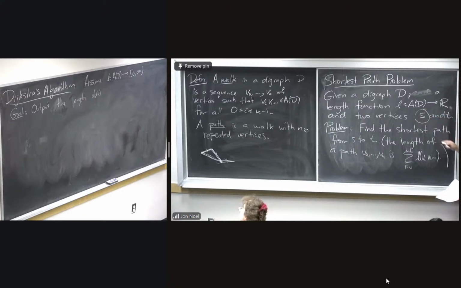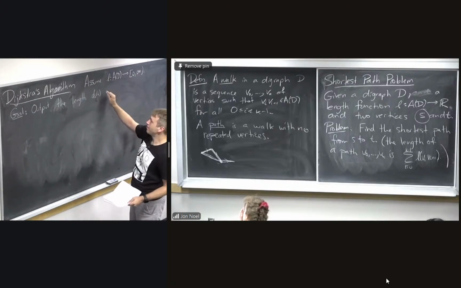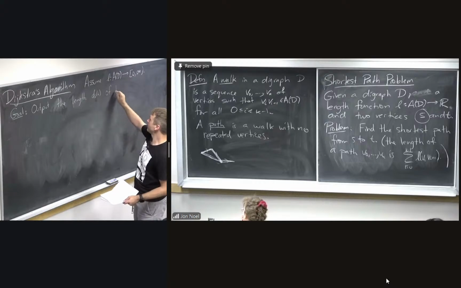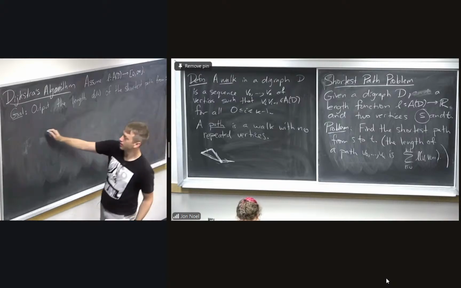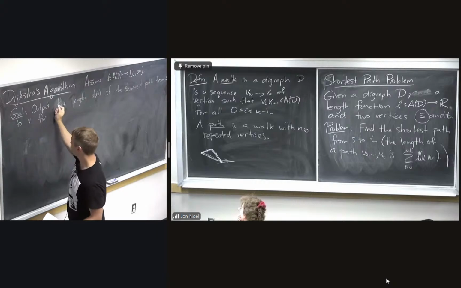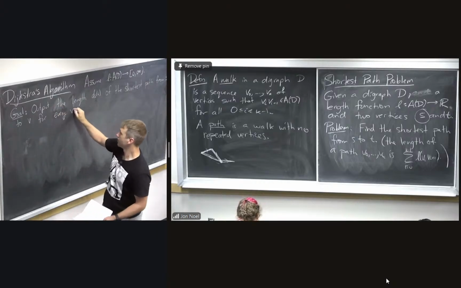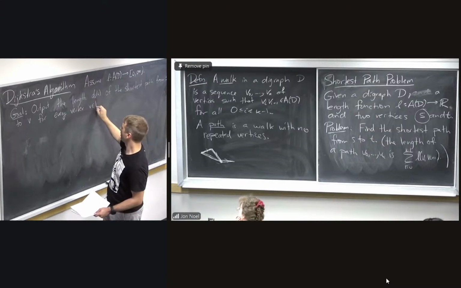Remember, I chose two vertices, and we're looking at paths from s to t. So I'm going to compute this number, ds of v, which is the length of the shortest path from s to v for every vertex v in the digraph.